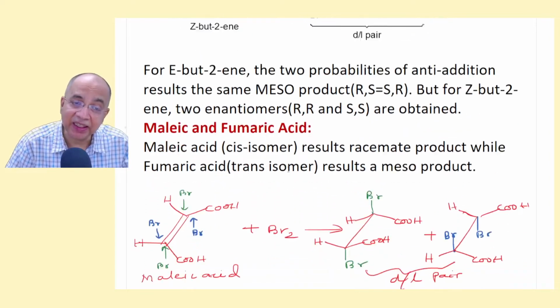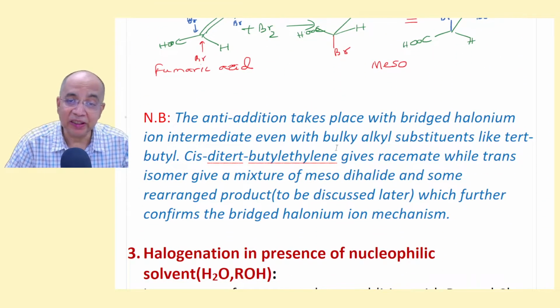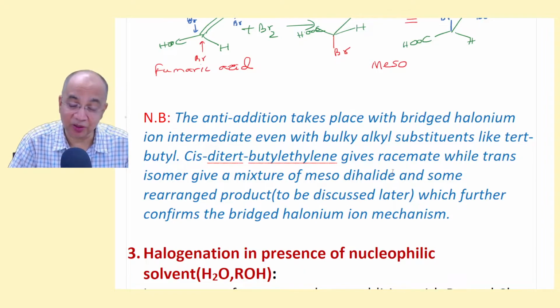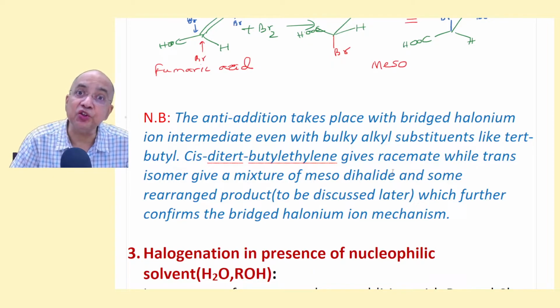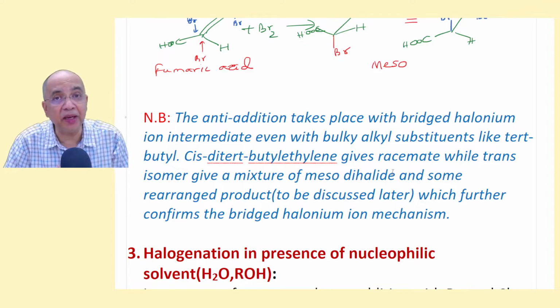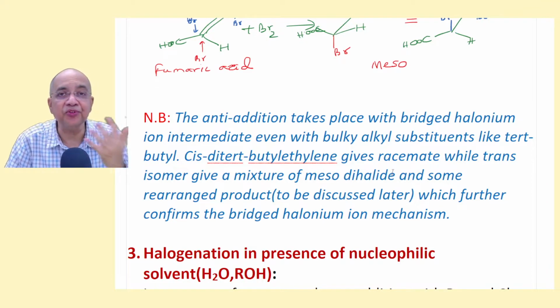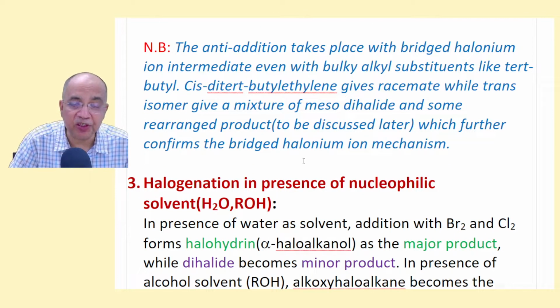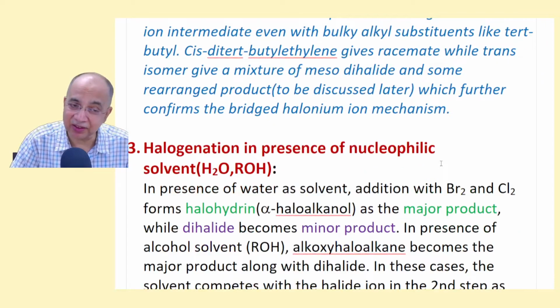Even then, it has been found that it goes via the bromonium or chloronium ion, the bridged halonium ion intermediate, and the stereospecificity is obtained. The cis isomer gives the DL pair and the trans isomer gives meso, which further confirms the bridged halonium ion mechanism.